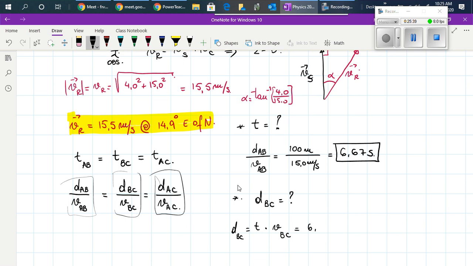So this will be 6.67 times the velocity of the current, which we said is 4. So times 4. This will be 26.67, or 27 meters downstream. You can check now by calculating the distance AC and dividing it by the resultant velocity. You should have the same time.